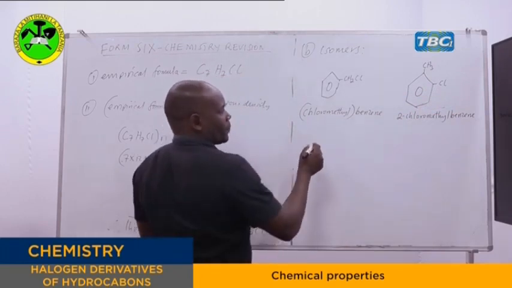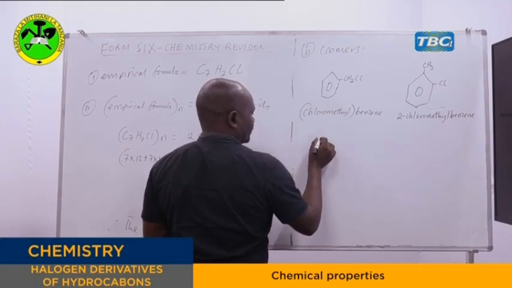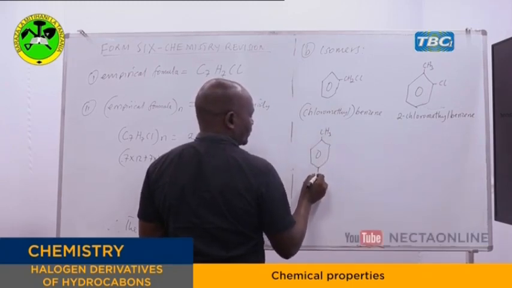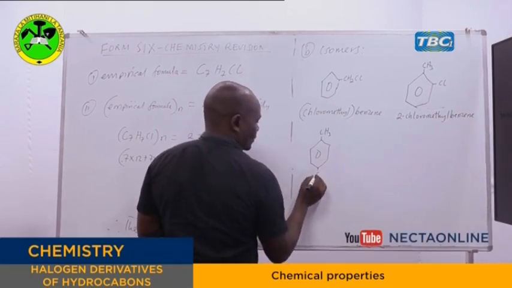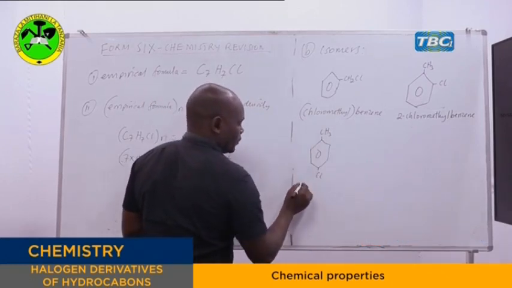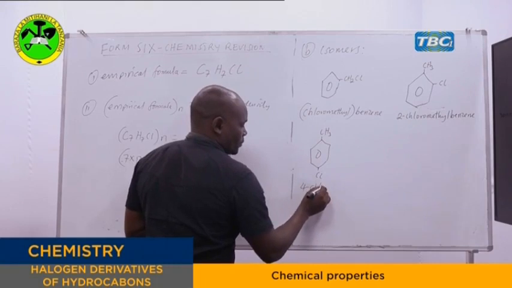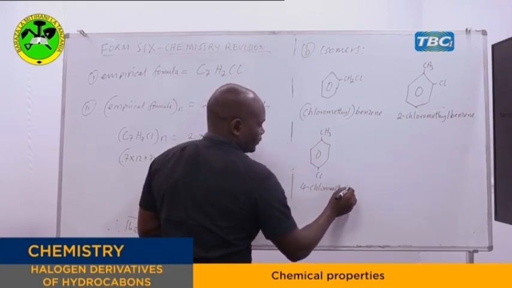But another isomer can be this one, and this is 1, 2, 3, 4: 4-chloromethyl benzene.